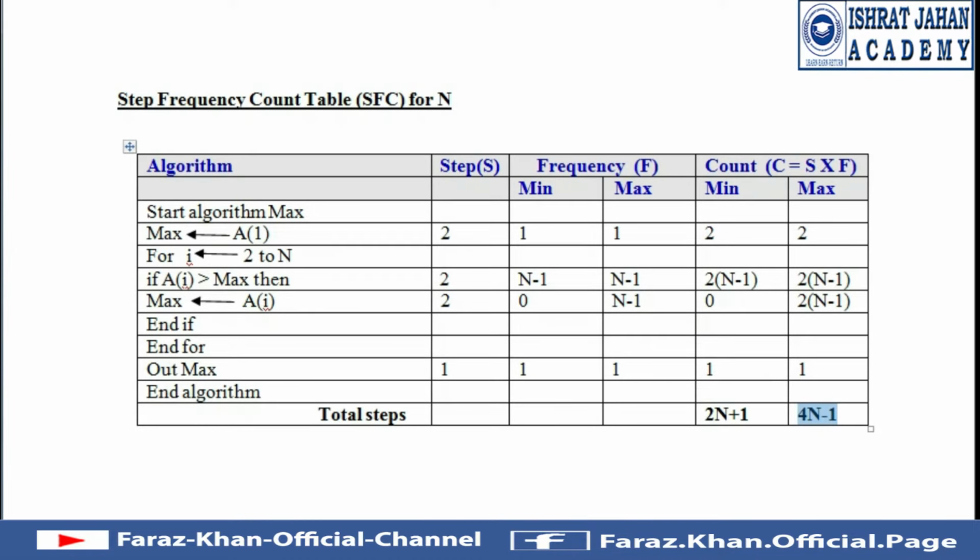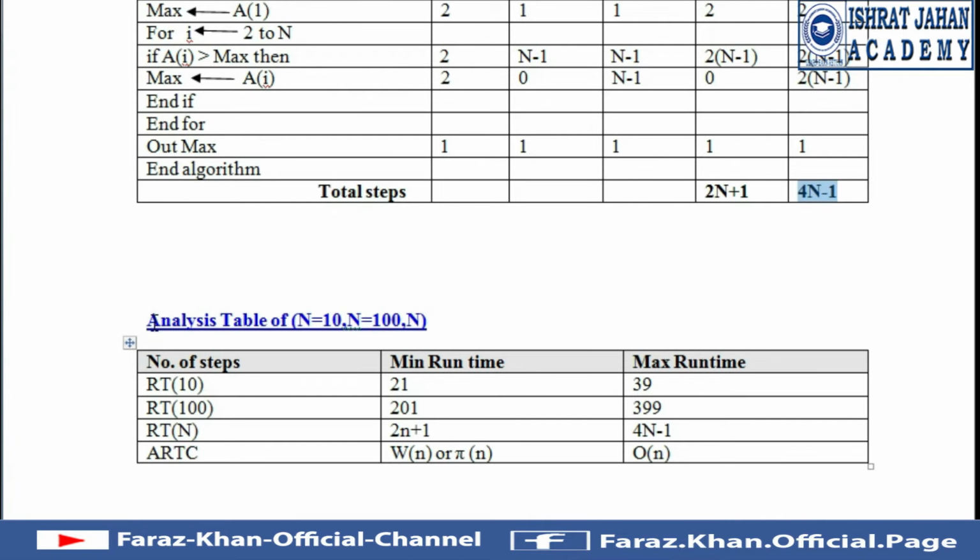So if I write the analysis table at the end, here is the analysis table of n equal to 10, n equal to 100, and n: the number of steps, minimum runtime and maximum runtime. The runtime complexity of an array of size n equal to 10 will take 21 steps in minimum and 39 steps in maximum.